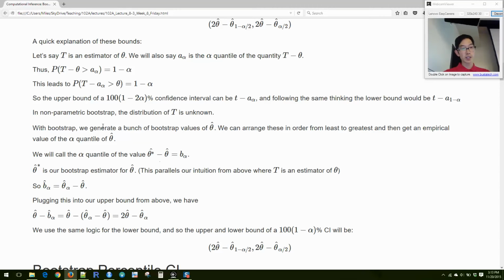Using the same line of thinking as above, b hat sub alpha is equal to theta hat sub alpha minus theta hat.